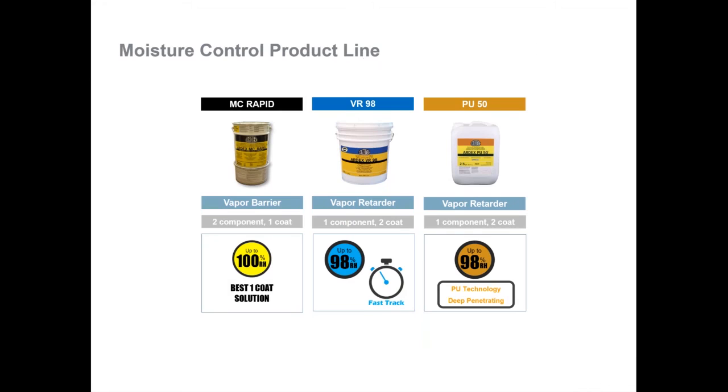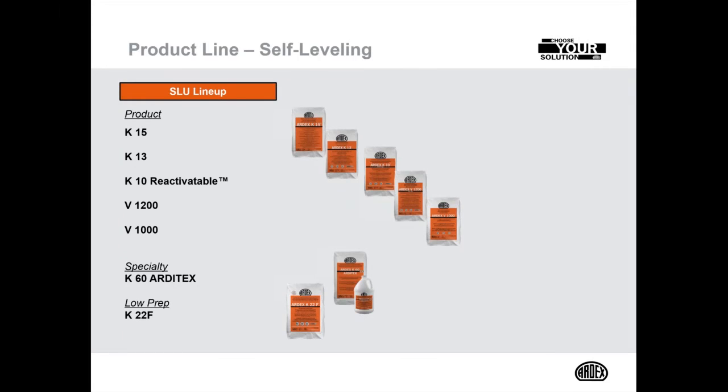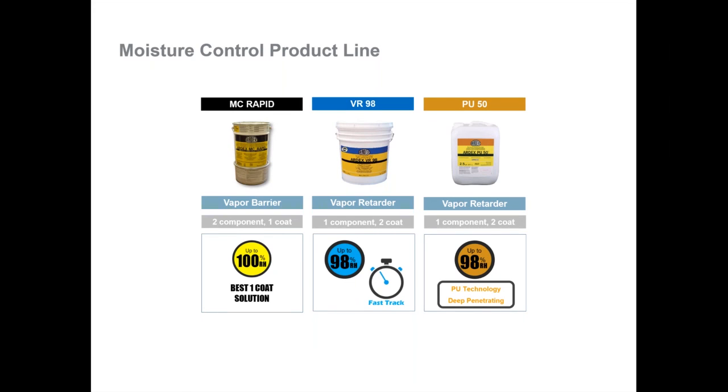The PU50 is a urethane material, cures via moisture, very easy to apply, and it's better suited for applications where you may not have the greatest drying conditions. So higher humidities and no airflow type applications. So we got one for every scenario, but MC Rapid is used the most frequently.